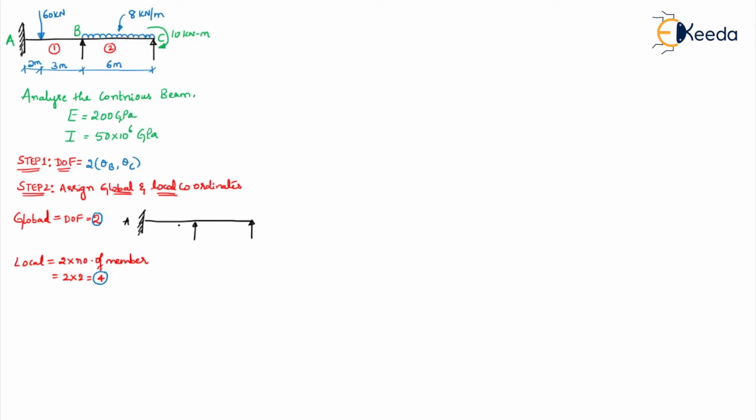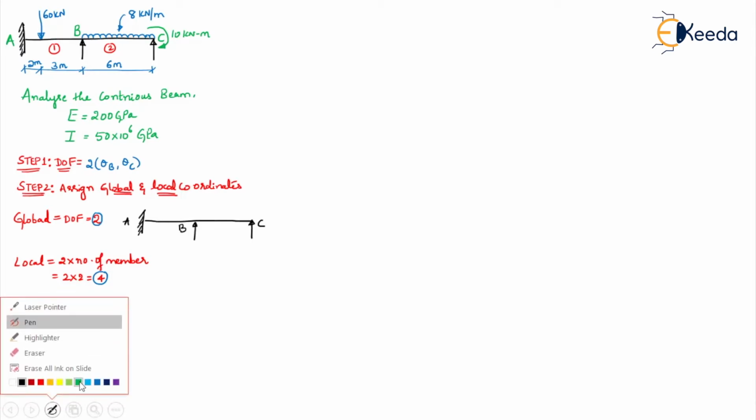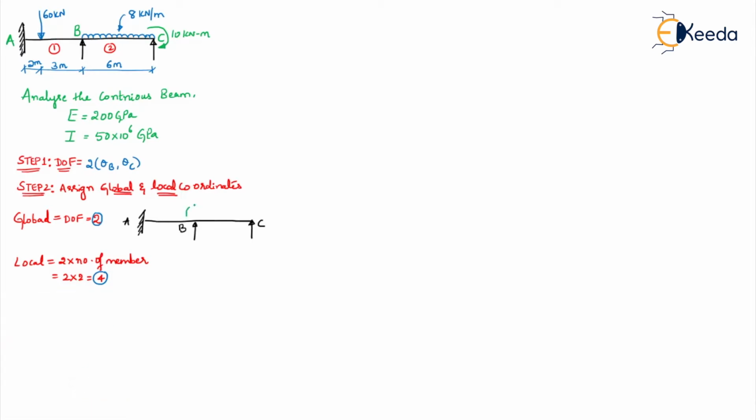So this is your A, B and C. At B and C you will have 2 rotational components. We are assuming them to be clockwise, theta B and theta C. These are your 2 degrees of freedom. This is the first degree of freedom and this is the second degree of freedom. So that's the global coordinate.